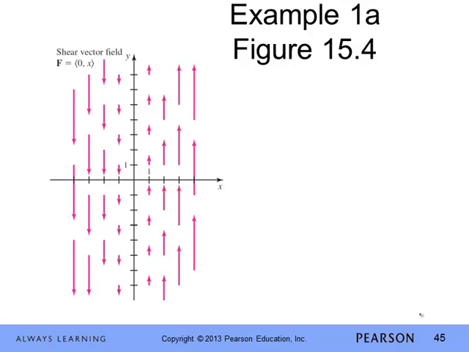If it's the first component set equal to 0, then the second component is set equal to the first variable. So if you wanted a horizontal shear vector field, then you could have y comma 0. But here you have a vertical shear vector field, so you have 0 comma x.